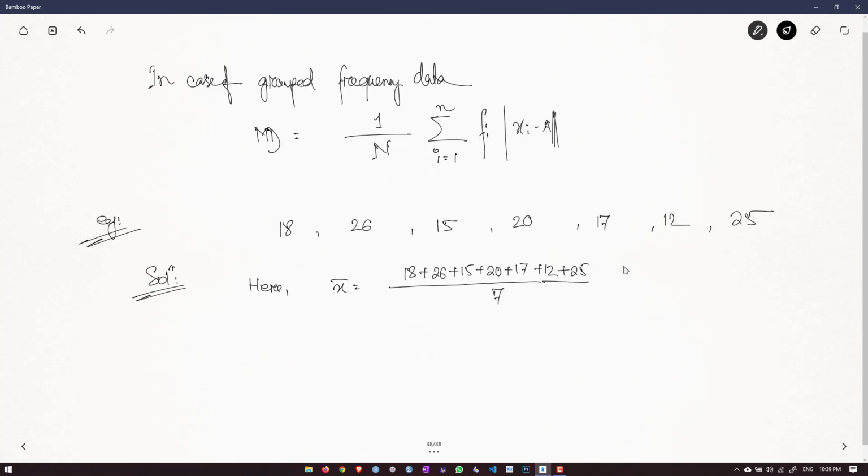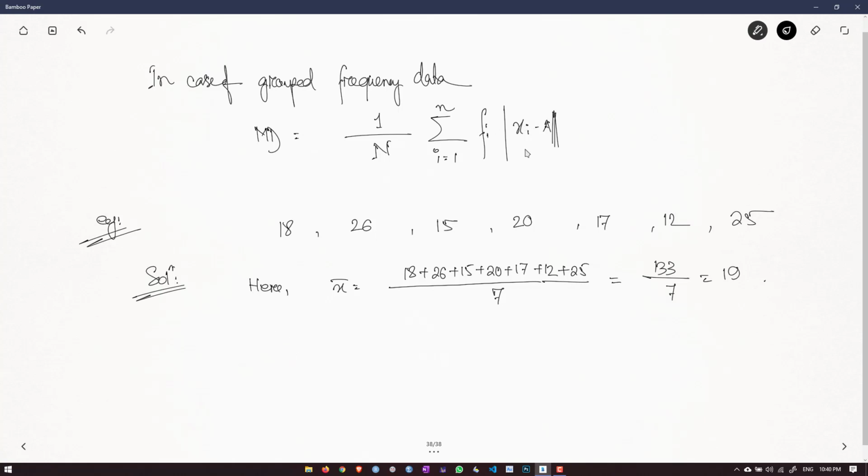So 7 observations. This gives the average as 133 divided by 7, which is equal to 19.